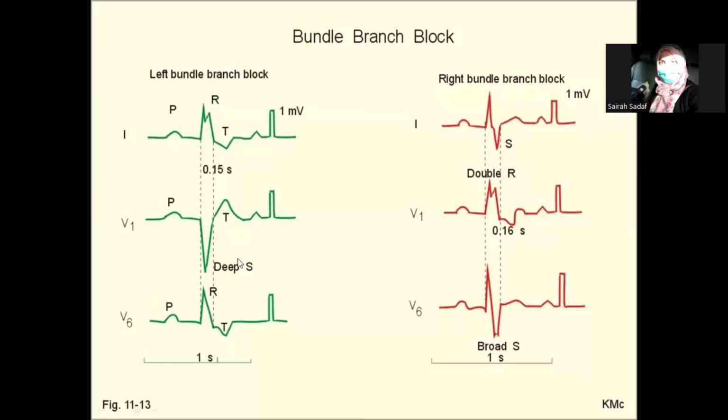Bundle branch block. When we look for the bundle branch block, we have to look in lead 1, lead V1 and V6. In hypertrophy, we just look in leads V1 and V6. Now, when we are looking for the bundle branch block, we have to add lead 1 also.